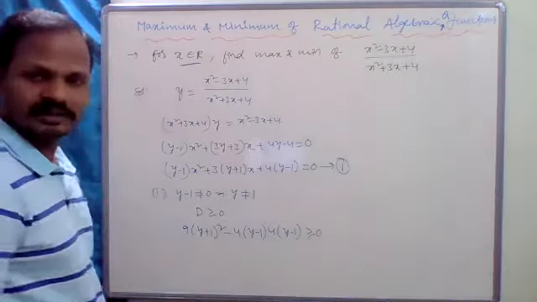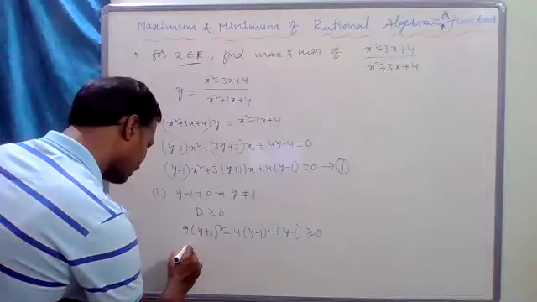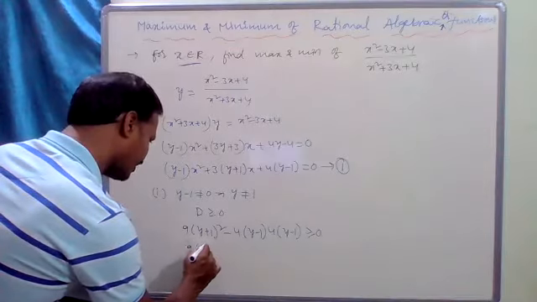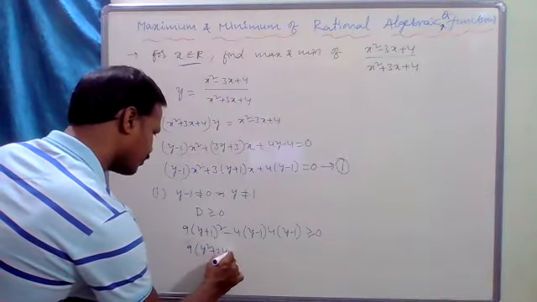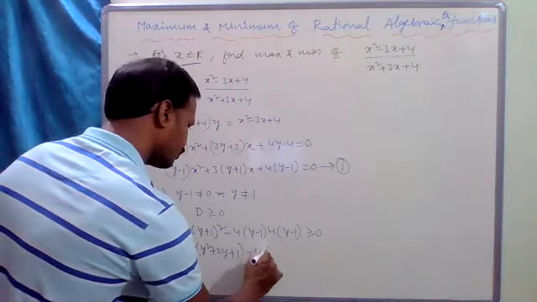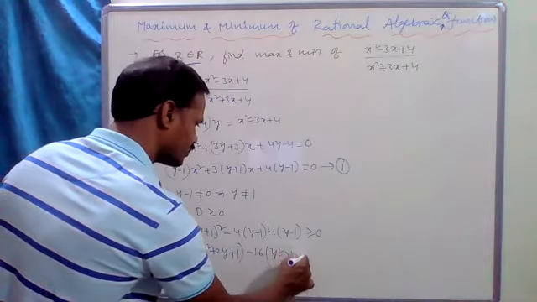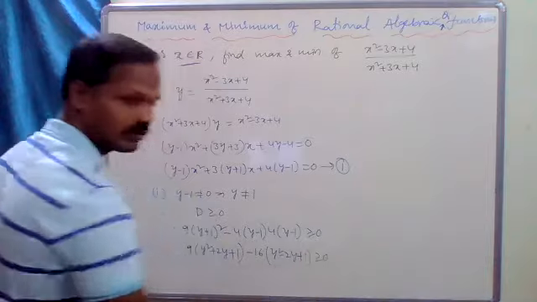Now this is 9 into (y square plus 2y plus 1) minus 16 into (y square minus 2y plus 1) greater than or equal to 0.